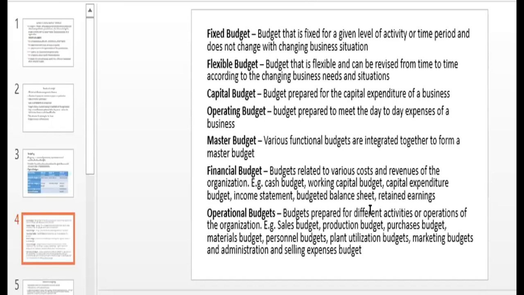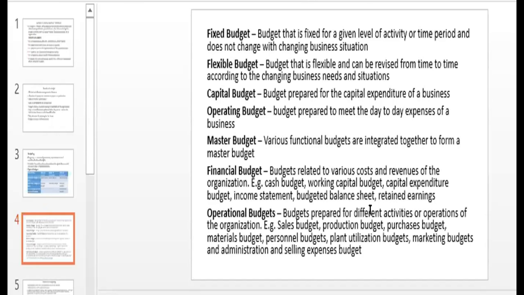Projects have different stages: the starting stage, the development stage, and then the implementation stage. So these call for expenditures that have to be incurred by the organization, and they have to be planned for.